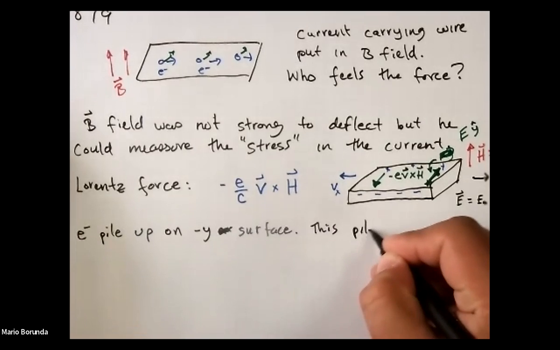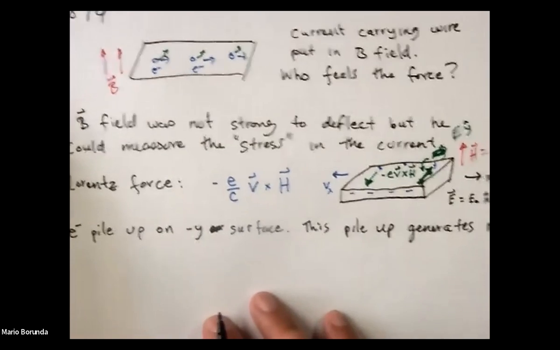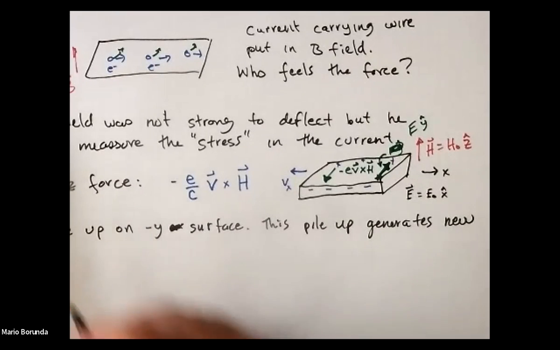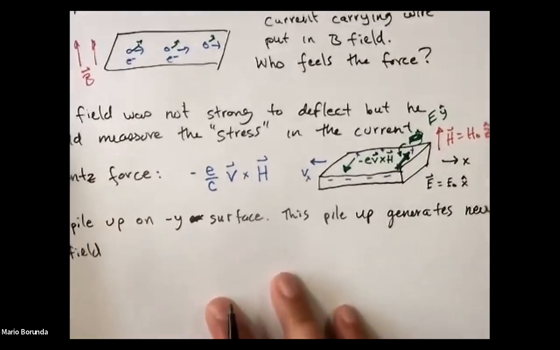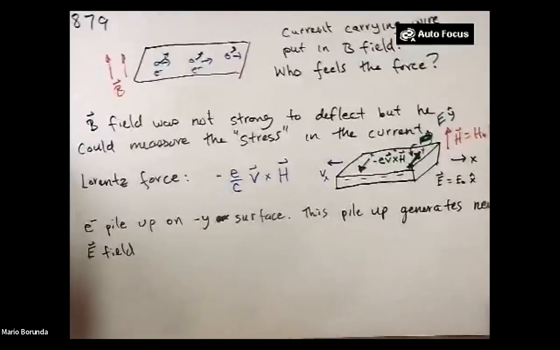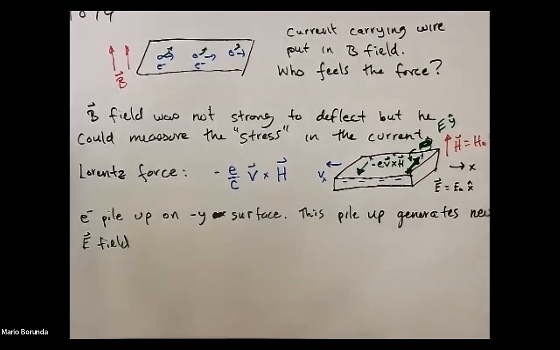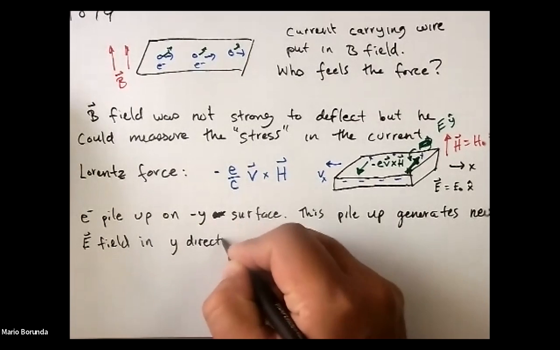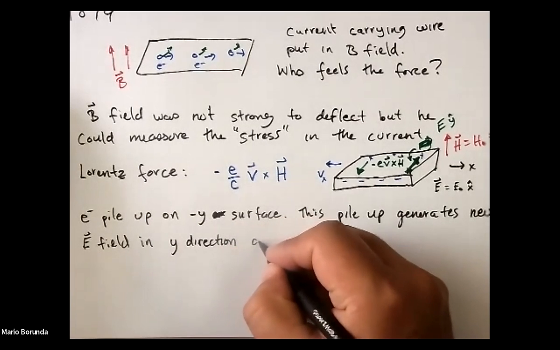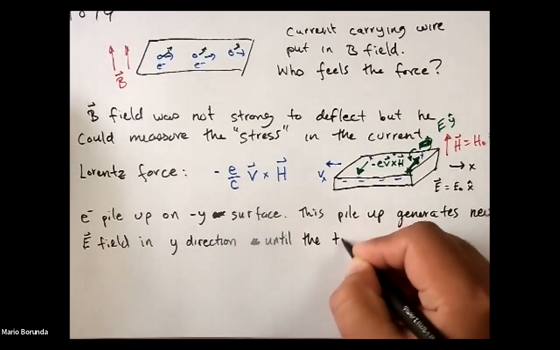This pile up generates a new electric field in the y direction until the two forces cancel out.